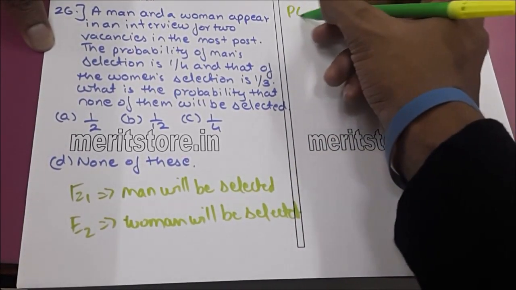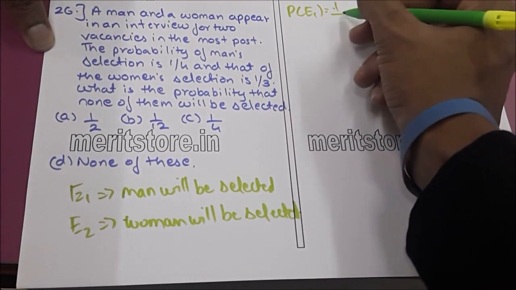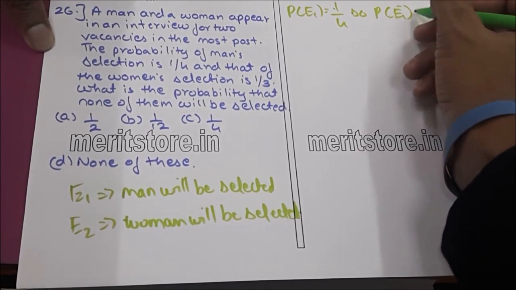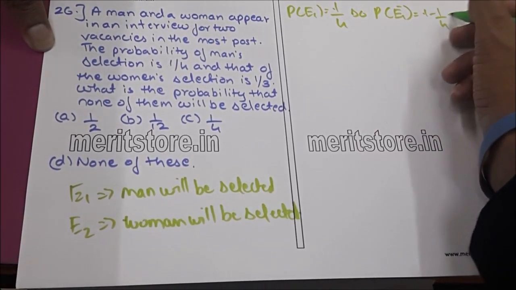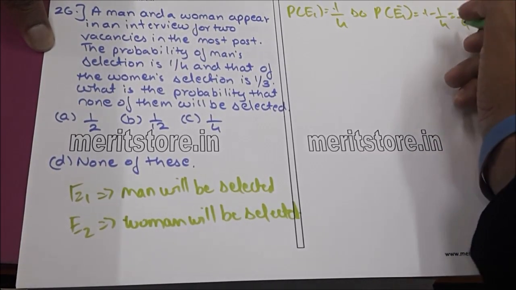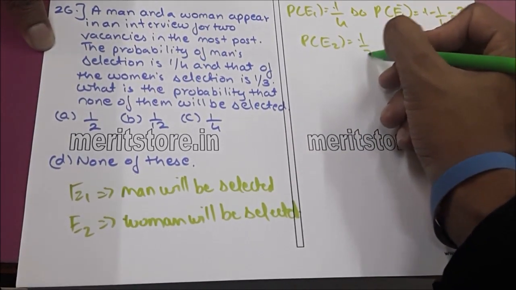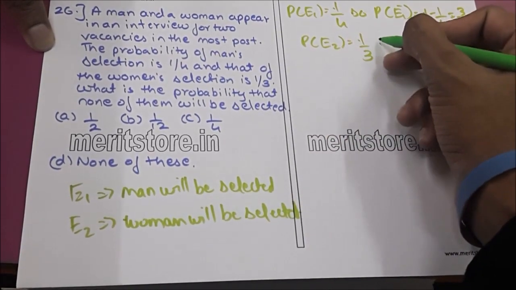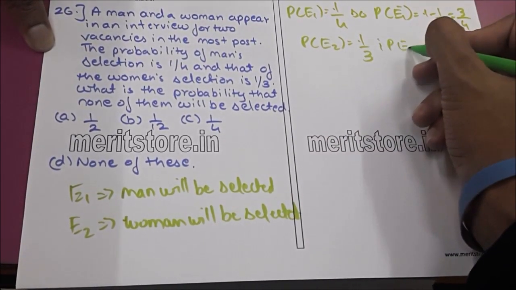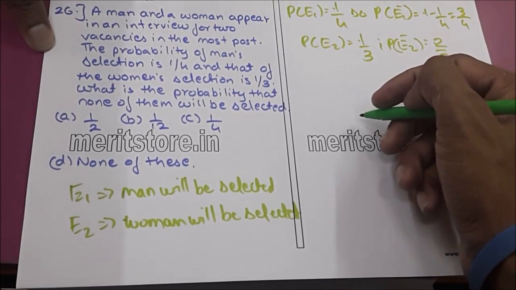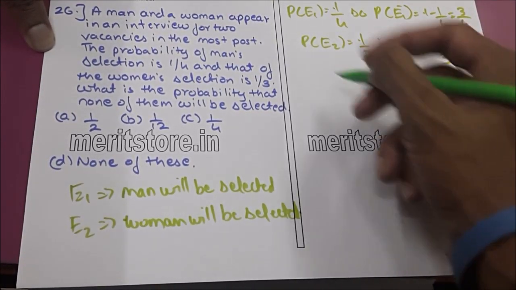Then probability of E1 is equal to 1 by 4. So probability of E1 bar is equal to 1 minus 1 by 4, that is 3 by 4. And probability of event 2 is 1 by 3. So the probability of E2 bar is equal to 2 by 3. Clearly E1 and E2 are independent events.